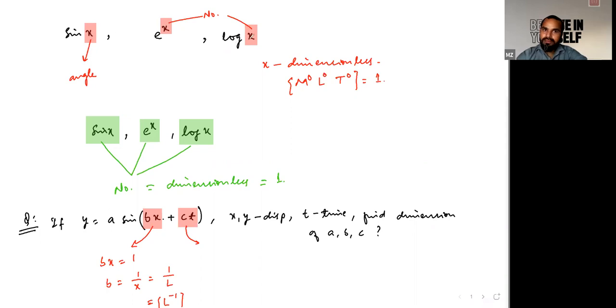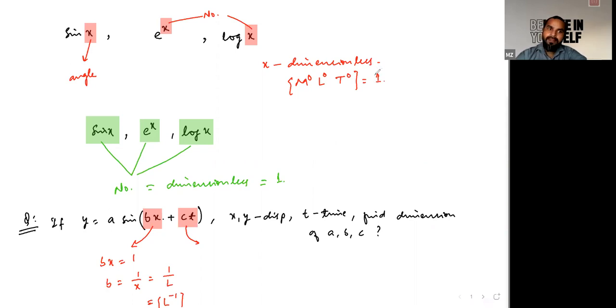In any of these three situations, x would be a dimensionless quantity. And for any dimensionless quantity, we put it equal to 1, as they are M raised to the power 0, L raised to the power 0, and T raised to the power 0. And as we know, any number raised to the power 0 is nothing but 1.